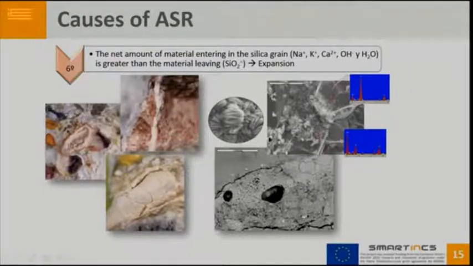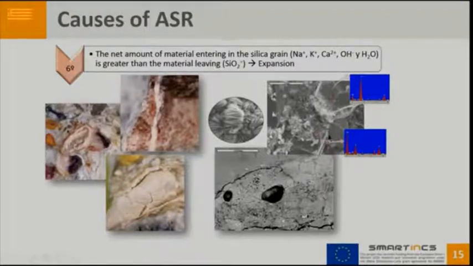If we see the products in electron microscopy, here we can see the typical rosette-like crystals, but also we can see aggregates like this that are particles of quartz, and between them and over them form alkali silica reaction products.